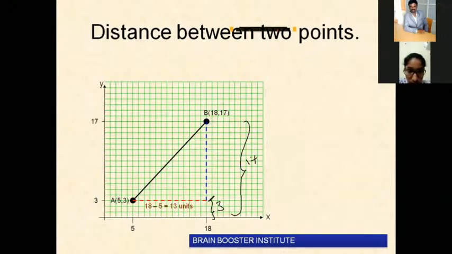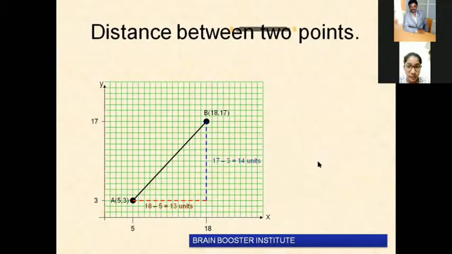Now the distance of this blue line is nothing but 17 minus 3, which is equal to how much? 14 units. Got the point? 17 minus 3 is equal to 14 units.